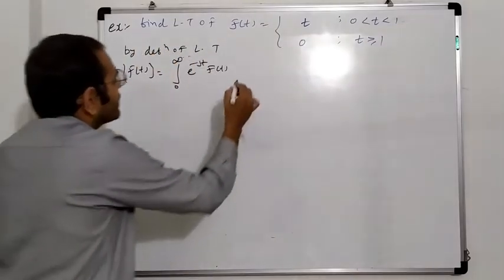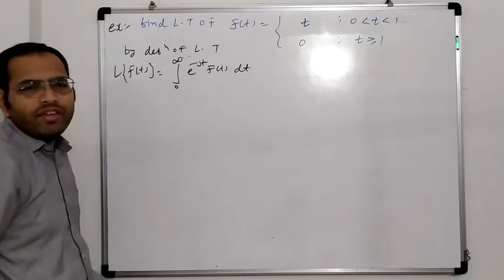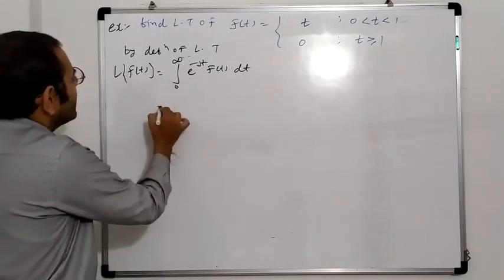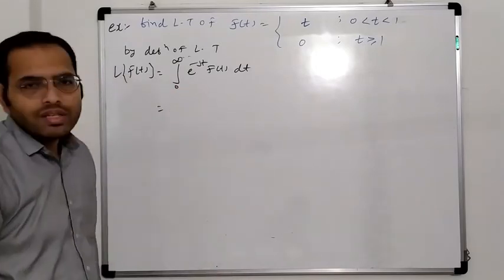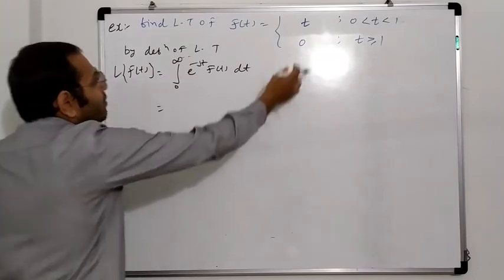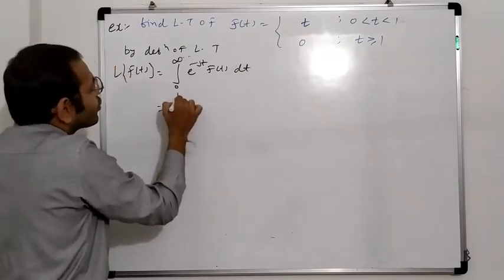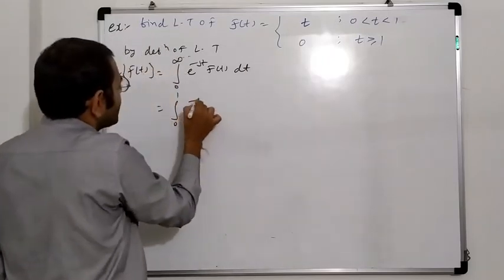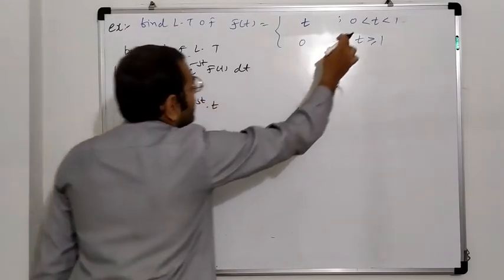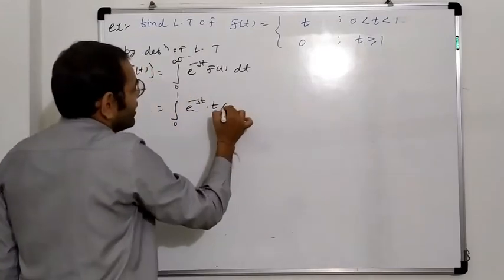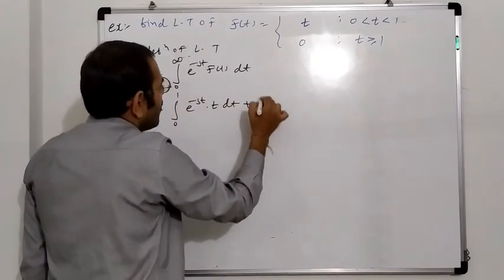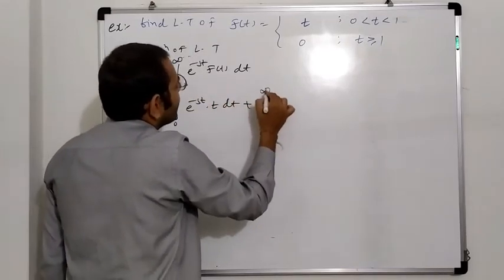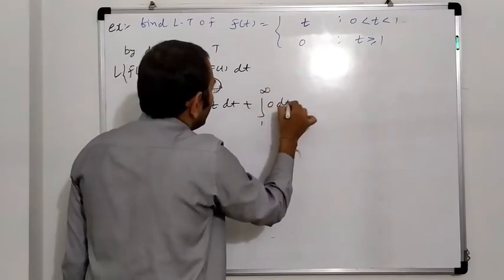First, by the definition of Laplace transform, the integration from 0 to infinity of e raised to minus st f of t dt. Then breaking the limit, we get from 0 to 1 the function e raised to minus st into t, plus from 1 to infinity the function is 0, and 0 into anything is 0.